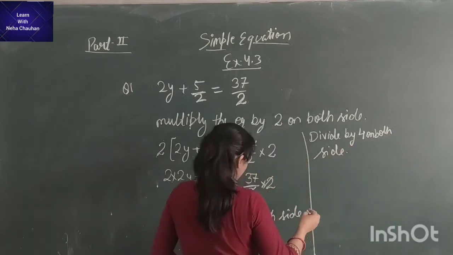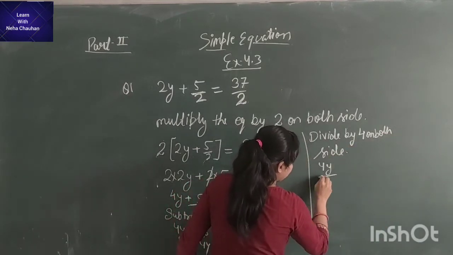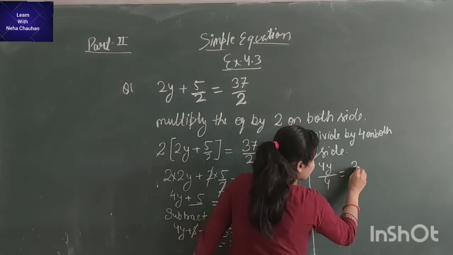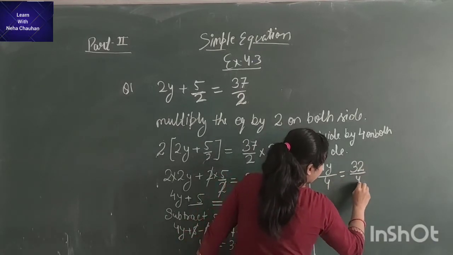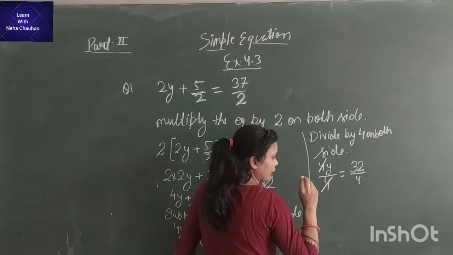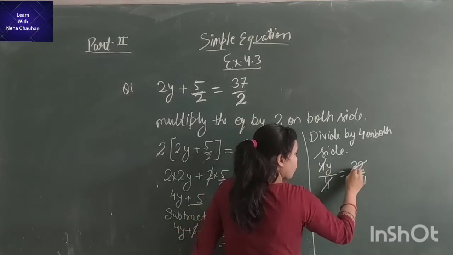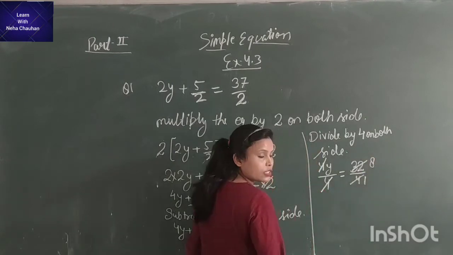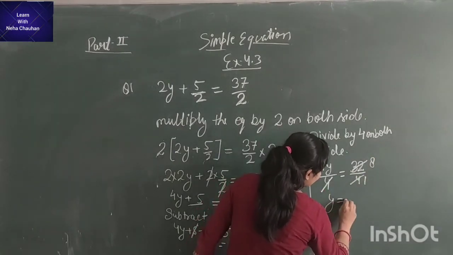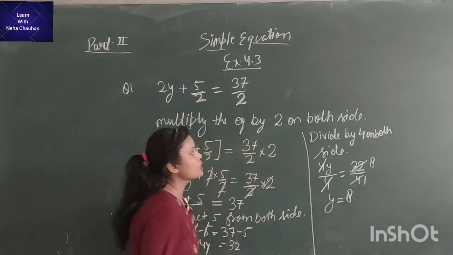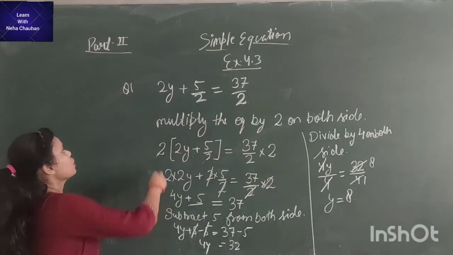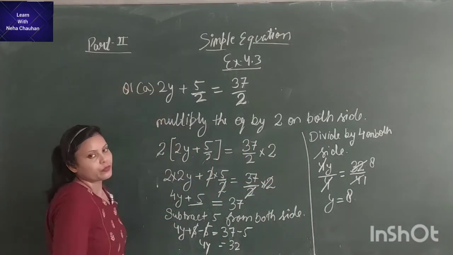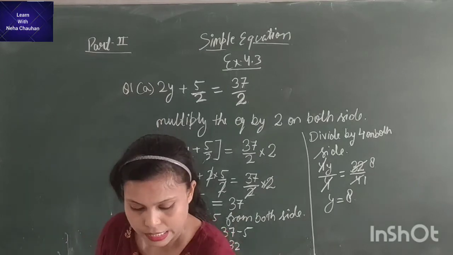So 4y divided by 4 is equal to 32 divided by 4, the 4s get cancelled. 4 1s are 4, 4 8s are 32. So y is equal to 8. So this is the solution of the first question, A part. Alright, the rest of the questions are the same.